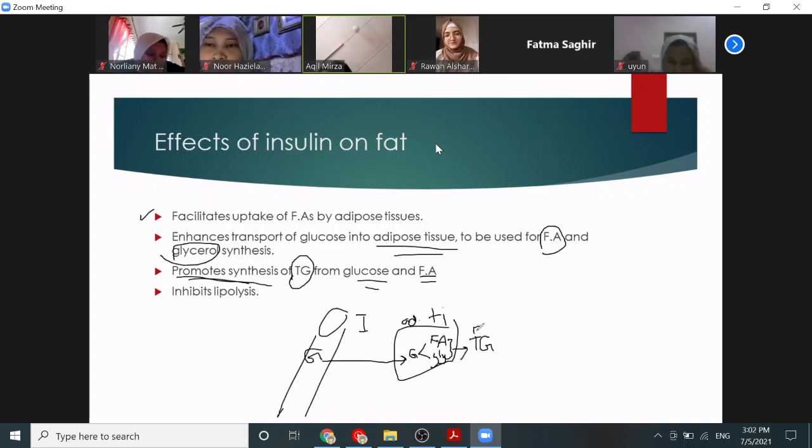So you can see by the end, extra glucose is converted into fat. Why? Because of insulin. And why do we convert it into fat? Because we have extra glucose, too much glucose.